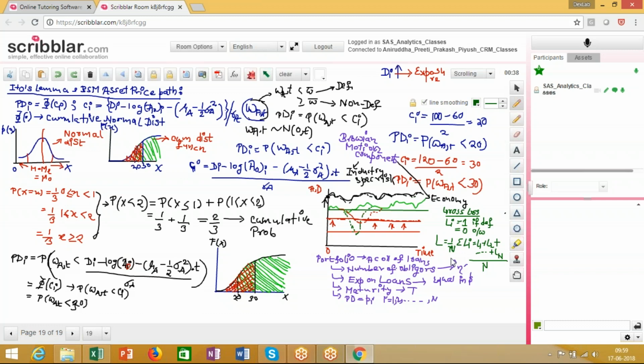So I have given a loan to a borrower who has a particular asset evolution path, an asset path dynamics. If his asset goes below the debt obligation that he has, he is a defaulter. The moment he defaults, that amount goes into loss. It's as simple as that.